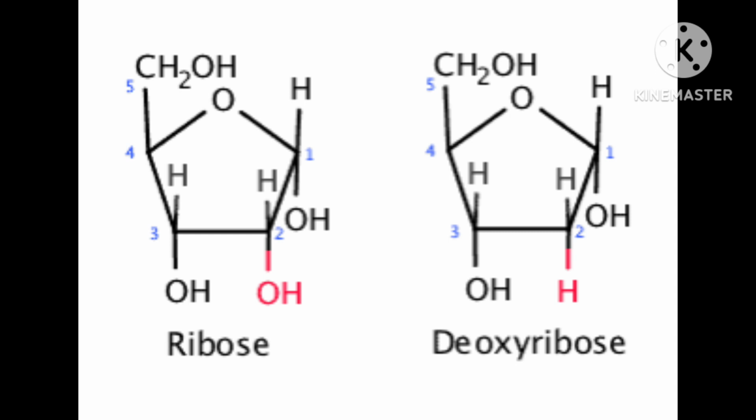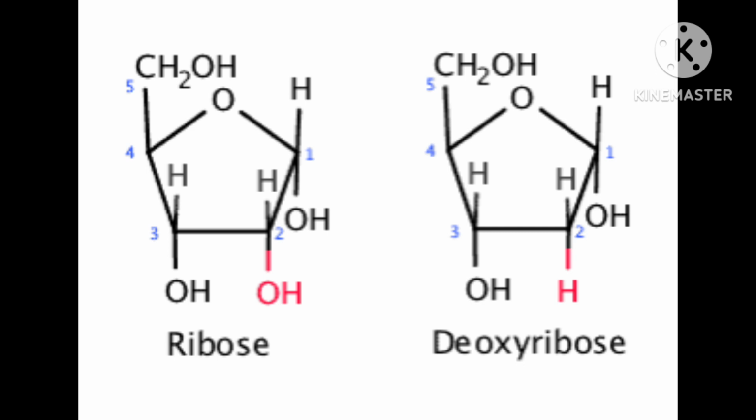That's why the name is given deoxyribonucleic acid. Other things will be common. In the structure, I will tell you, oxygen will not be there in DNA. Only H will be there. So it is of two types, DNA and RNA, deoxyribonucleic acid and ribonucleic acid.